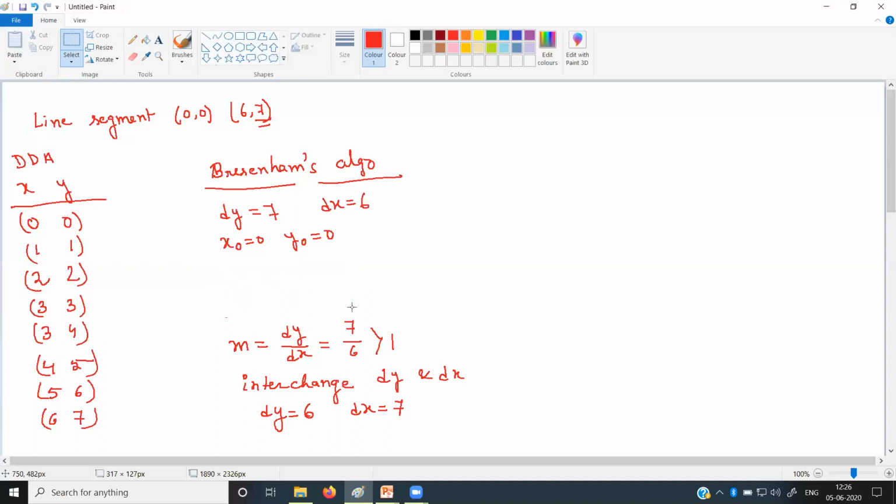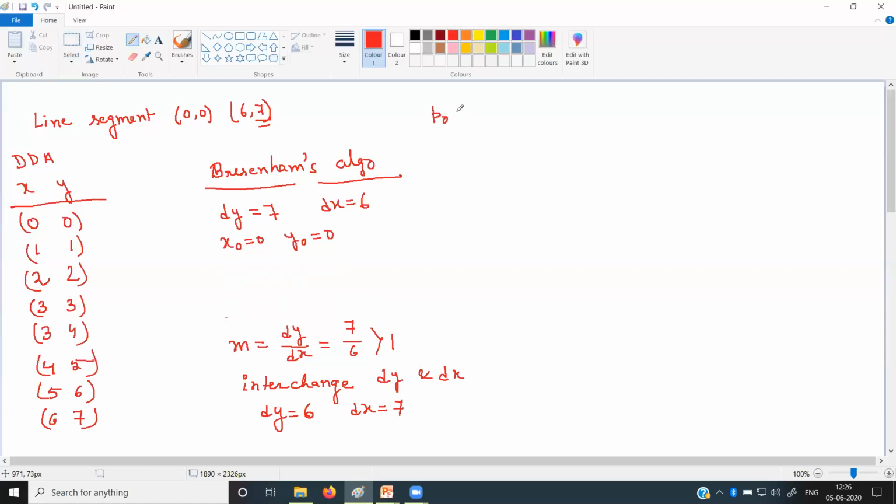Again, I am telling you, make it clear that in the case of the Bresenham line drawing algorithm, if the m value is less than or equal to 1, then do as it is, as I discussed in the class. But if the m value is greater than 1, in that case there is a small trick. You have to interchange the values of dy and dx. Okay. Now after interchanging, the rest of the procedure is the same.